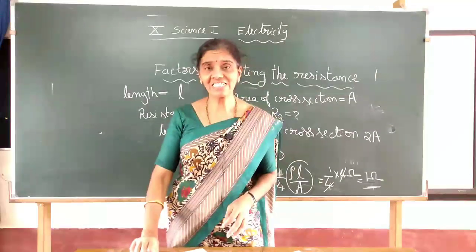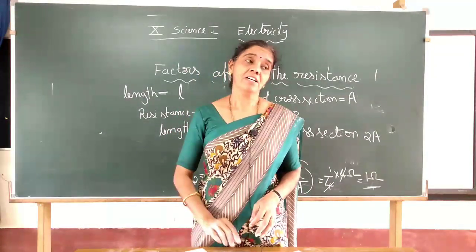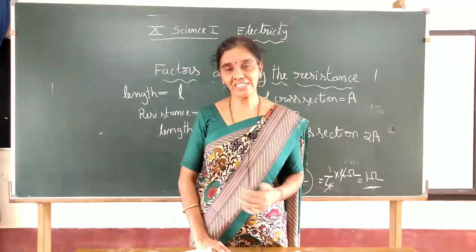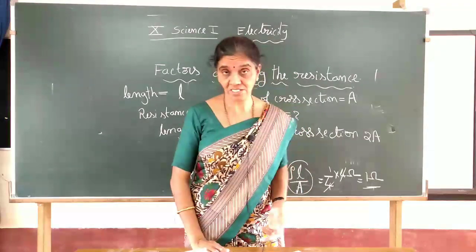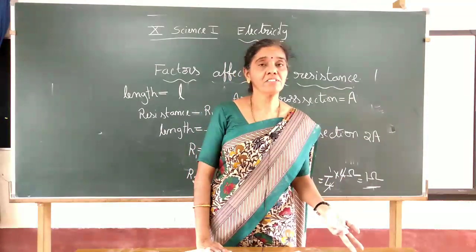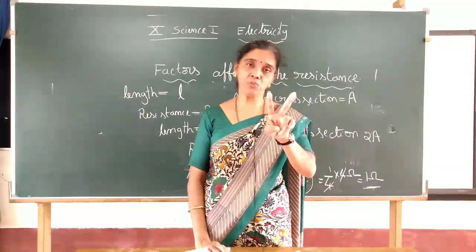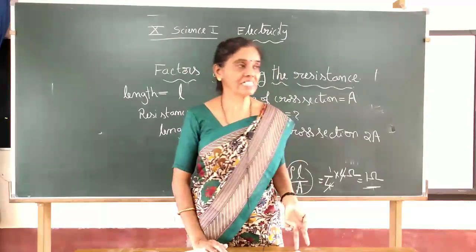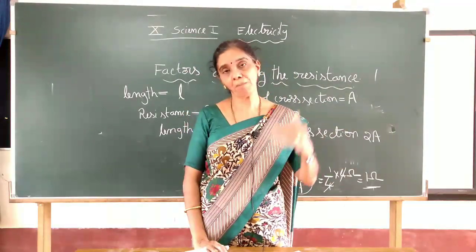In the next class, we will study how resistors can be connected. If there are many resistors, they can be connected in different ways, especially two ways: either in a series manner, which I will explain in the next class, or in a parallel manner.